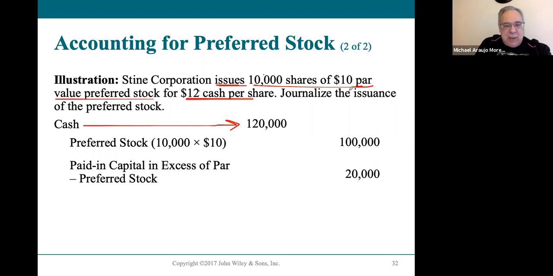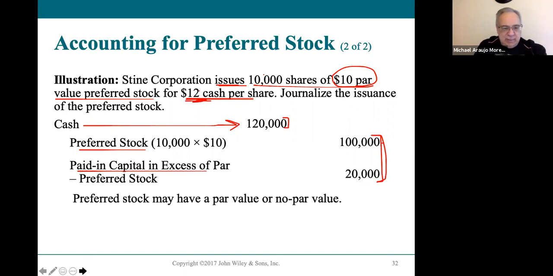However, this is $10 par value. So the first $10 of that has to go to the preferred stock account. The other $2 will go to the paid-in capital in excess. So again, they raised $120,000 in cash, and they simply break it up. How much of that is the par value of the stock? How much of it is excess? That's all you've got to remember.